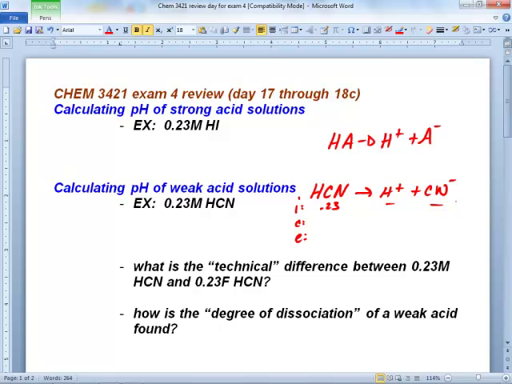Okay. So, Pedro, what is the technical difference between 0.23 molar HCN and 0.23 formal HCN? What are you supposed to say for F? Formal or formality.